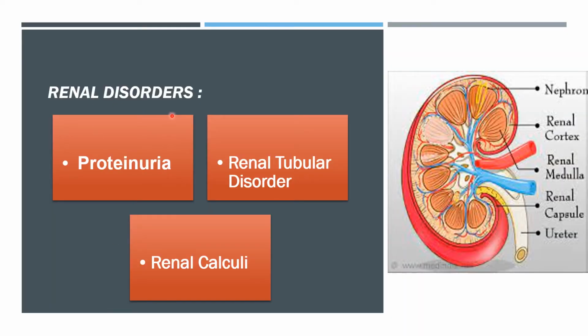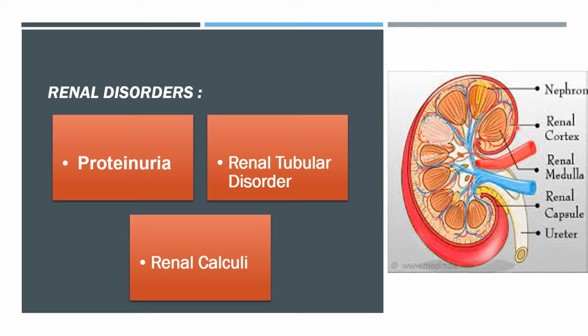Renal disorders which we will discuss here are proteinuria, renal tubular disorders, and renal calculi. Here in this diagram, you can see the bean-like structure of the kidney, and this is the nephron, which is the functional part of the kidney.